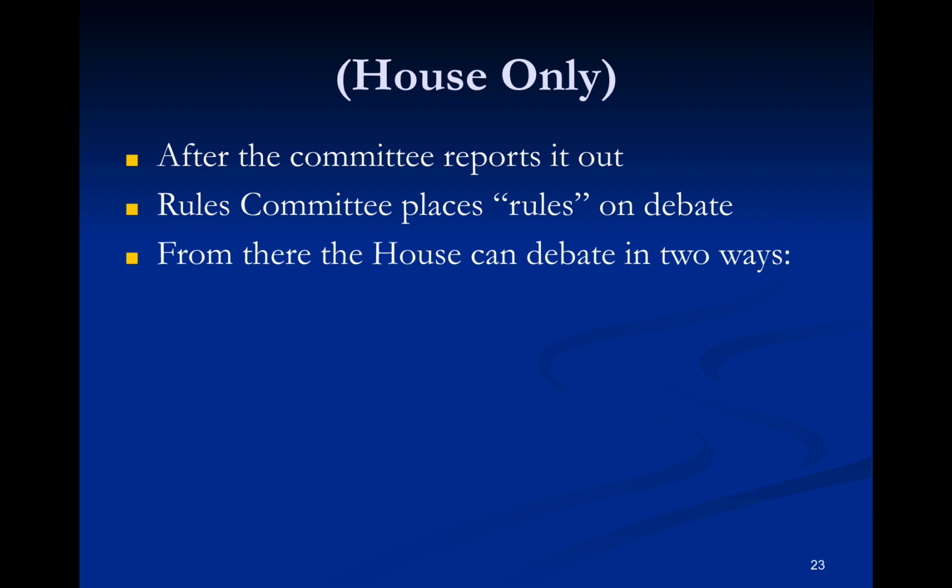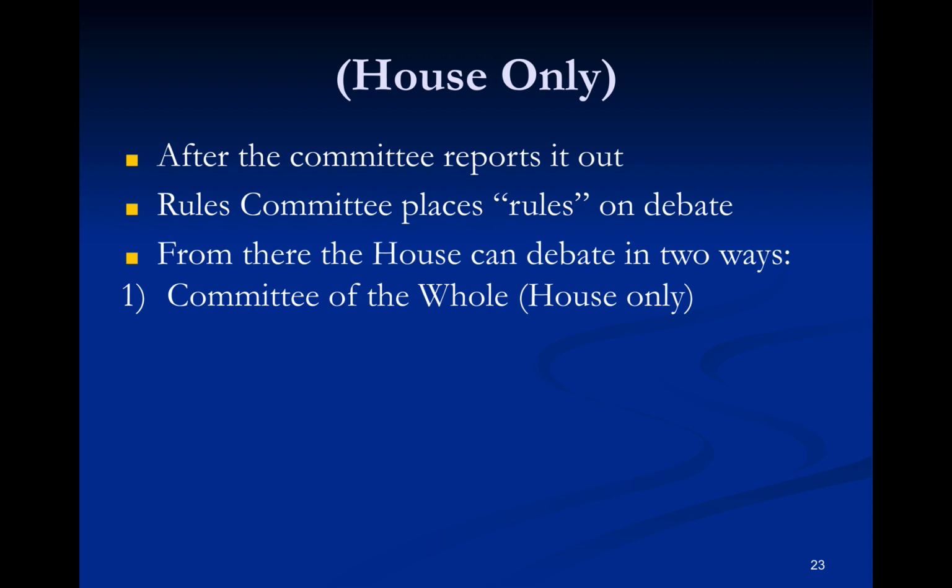So there are a number of ways that they can make this extremely partisan. The majority party controls almost all of the House rules because they have a majority of votes on the Rules Committee. So the Rules Committee gets to decide if they're going to use the Committee of the Whole, which is something that only happens in the House.